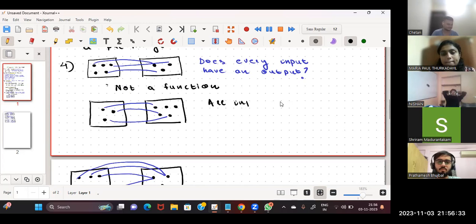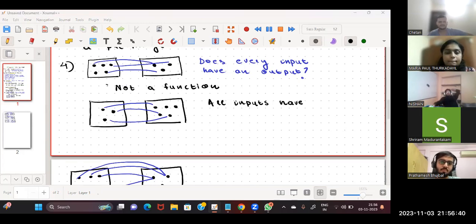Yeah, that is right. One input does not give two outputs, there is no ambiguity in the outputs. Every input has an output, and you don't have two outputs for a single input.